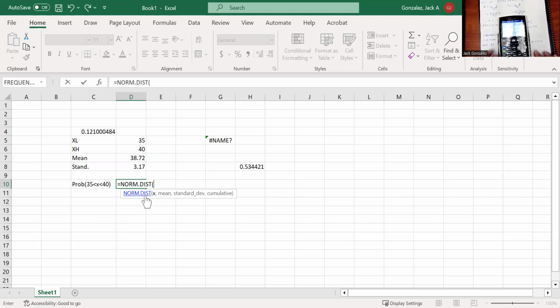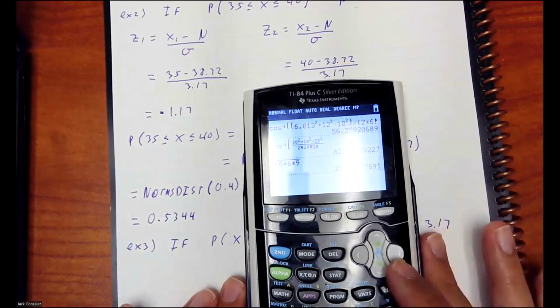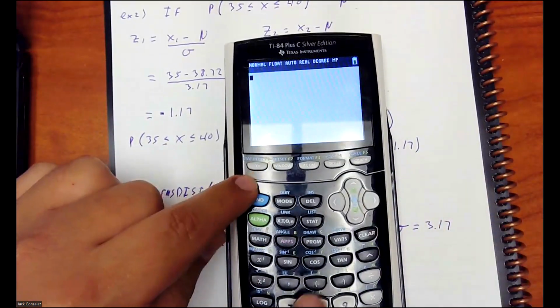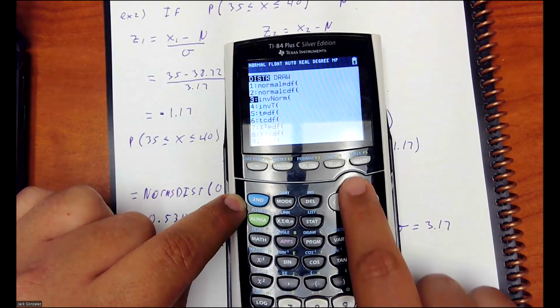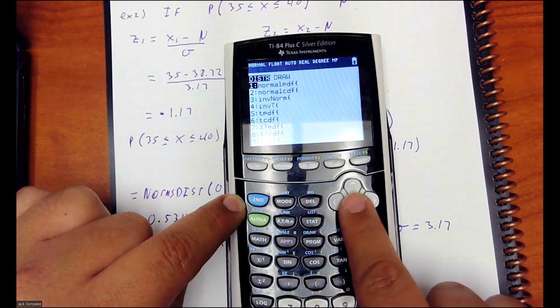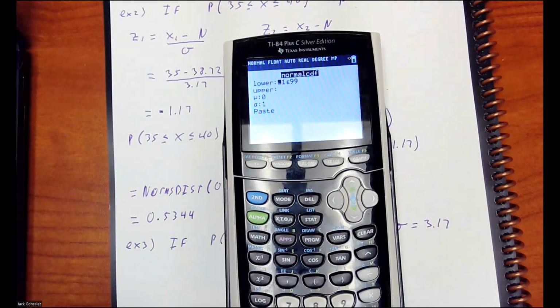We know the answer is 0.534, right? You could go to second distributions and do, I think, a CDF.